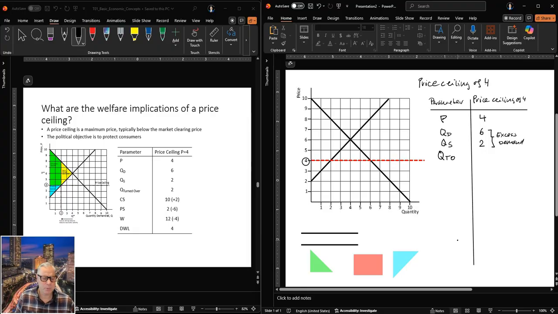Because if only 2 items are being put onto the shelves, even if the consumers would like to have 6, not more than 2 can be taken off the shelves. So the quantity turned over is 2. So now that means that we need to conduct our welfare analysis at a quantity of 2.